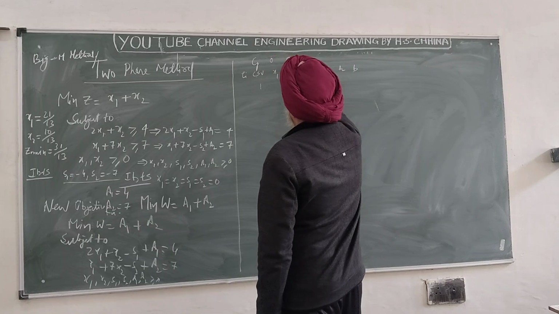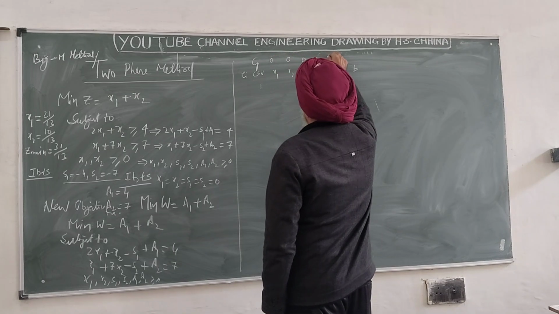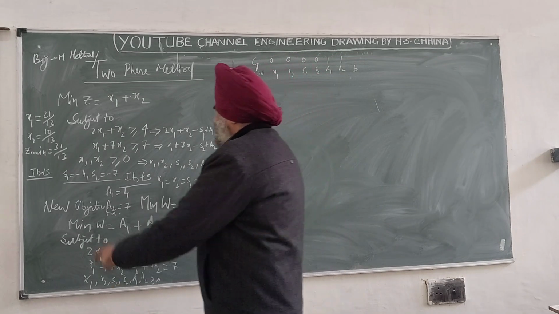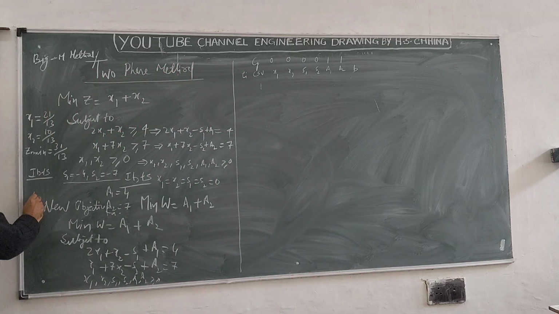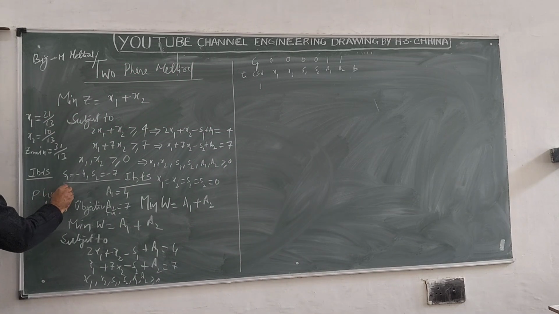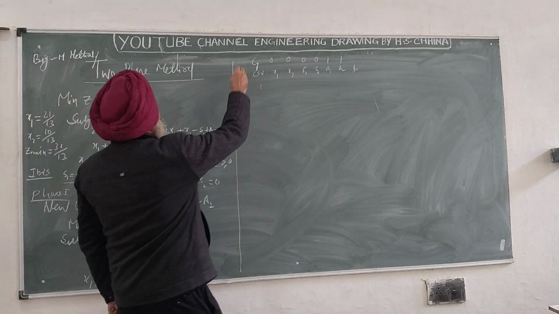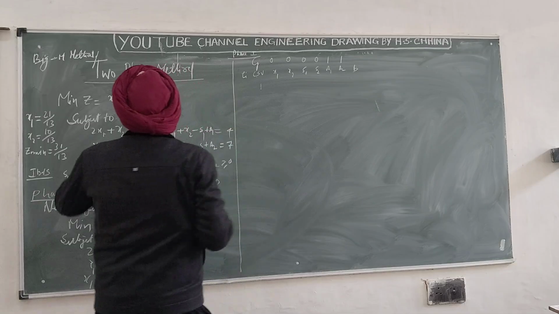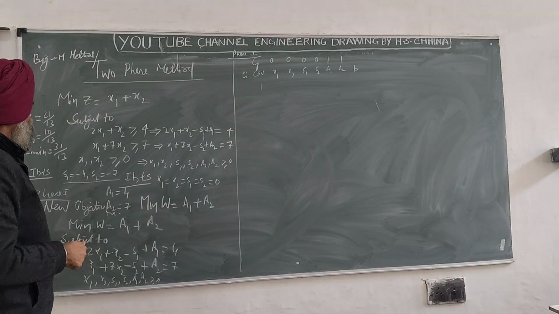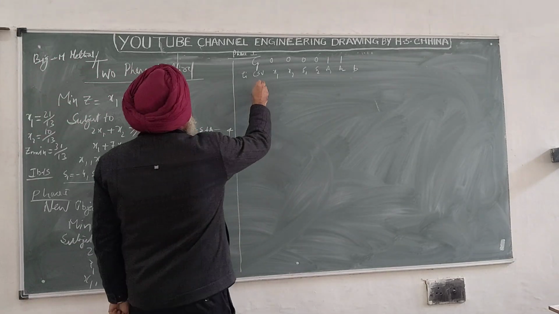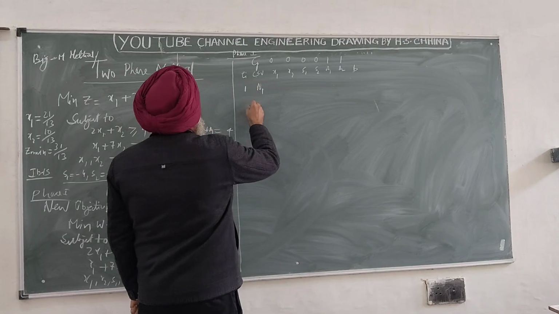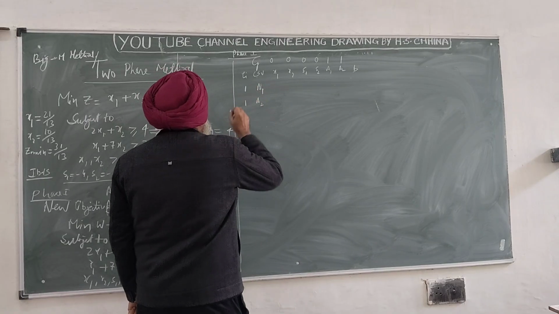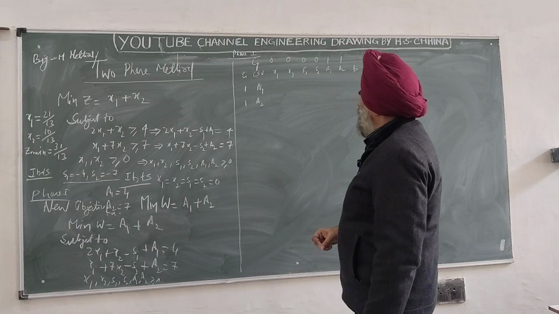This is 0, 0, 0, 0, 1, 1. This is phase 1 of the problem which has been started. You can mention it here, phase 1. There will be two phases as the word indicates, because this is a two-phase method. So A1 has objective function coefficient 1, and A2 from the second constraint has the value 1 in the objective function.